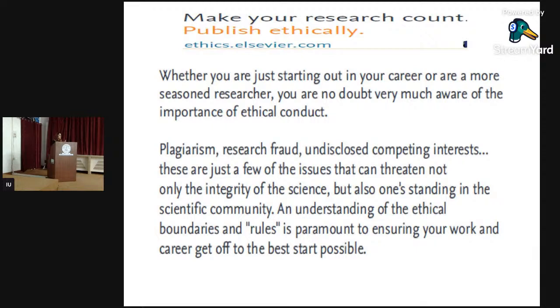Because firstly, we want our research to count. We want our integrity to be safe because we are investing a lot of time in our research. We are investing our personal time in our research. So we do not want unimportant work to be disseminated to the masses.